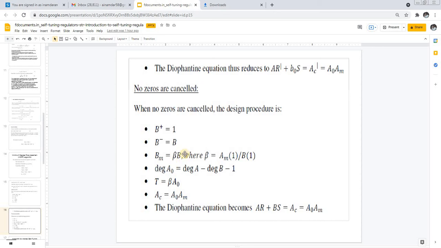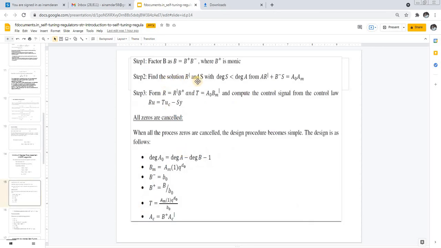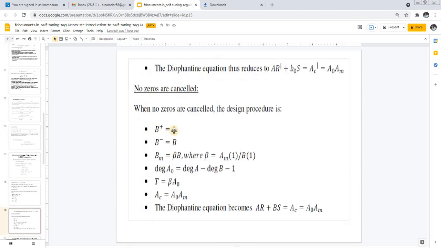The factorization in step number 2 also becomes very simple. We have B plus equals 1, then B minus equals B, and Bm equals beta B, where beta equals Am(1) upon B(1).